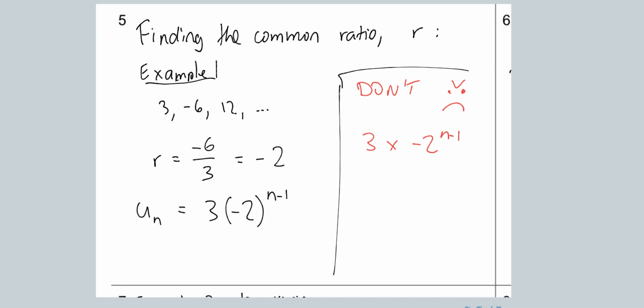Yeah, because addition and subtraction from left to right, or subtraction and addition from left to right, doesn't matter. So we always do powers before we do negative subtractions, for example. Well, in this case, it's multiplication. Okay, so negative 2 to the power of n minus 1 means repeat multiplying minus 2.